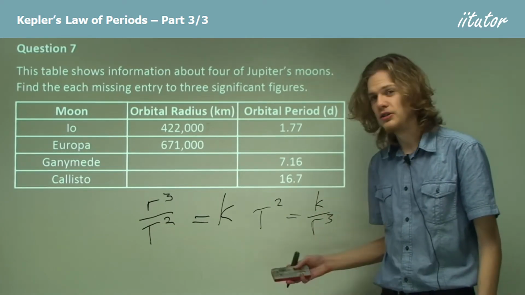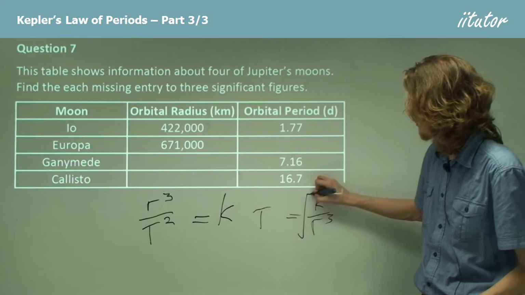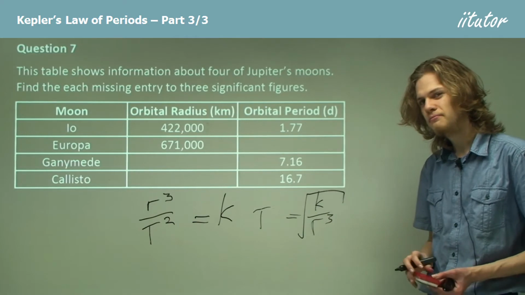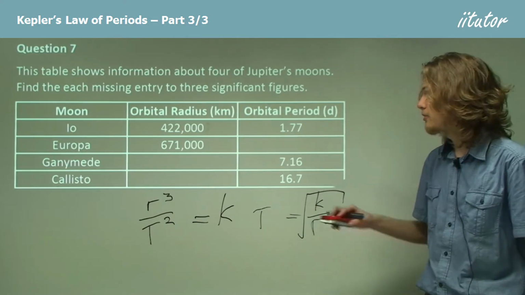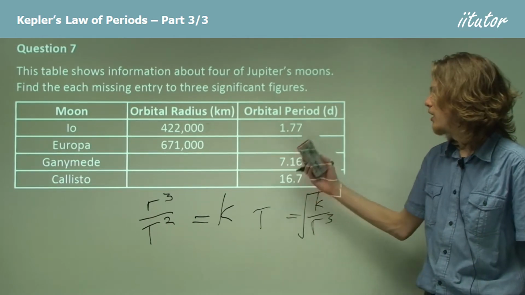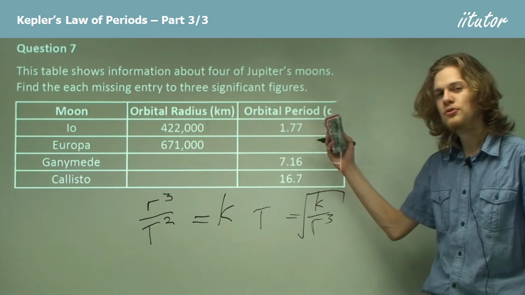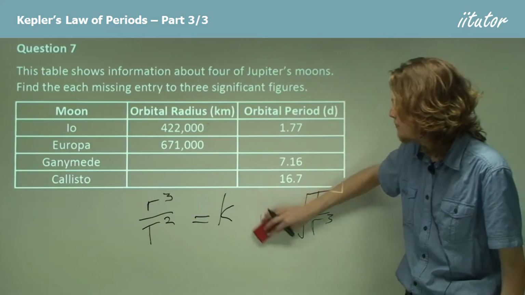Or, if we wanted to find just T, we could take the square root. Make sense? Now, with the value of k that we calculated for Io, we can figure out Europa's orbital period.